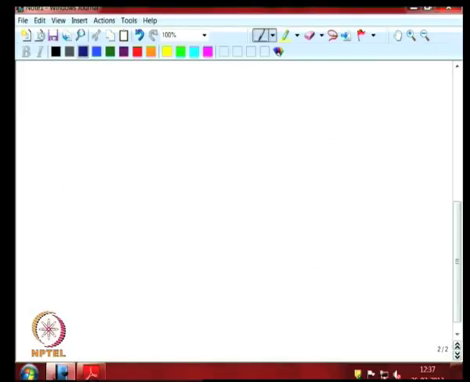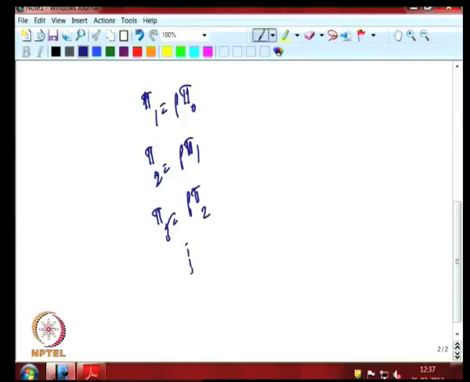You will get something like this: pi 1 equal to rho times pi 0, pi 2 will be rho times pi 1, pi 3 will be rho times pi 2, etc. So if you just keep substituting, pi 2 will be rho times rho times pi 0, really rho square pi 0.